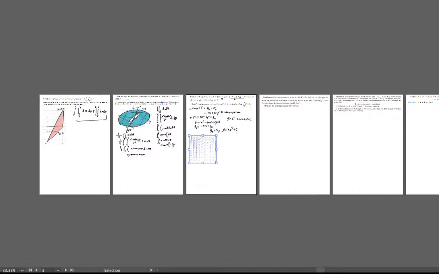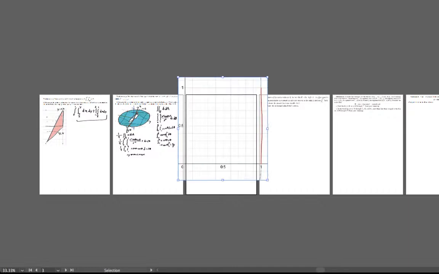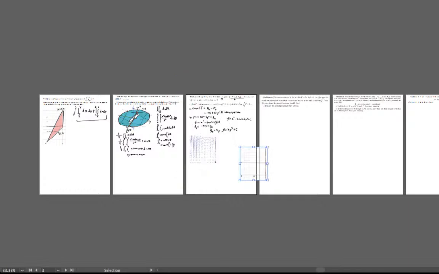Where is it? Oh yeah, it is at my Finder. Copy that, paste that, and let's shrink it down.